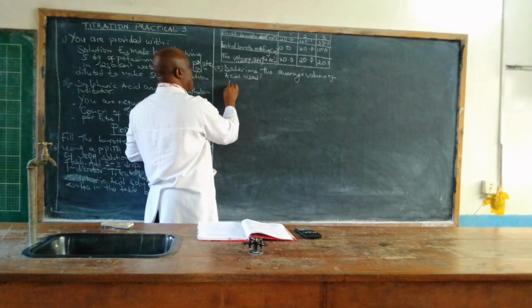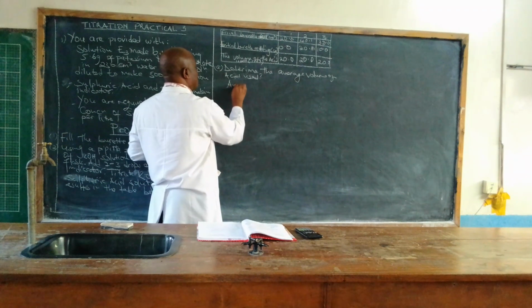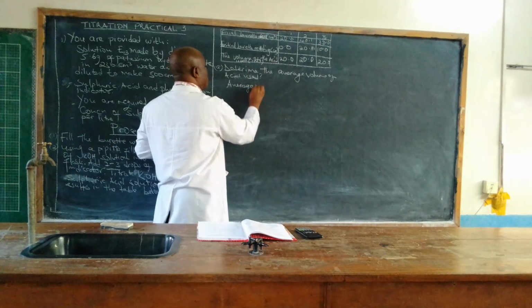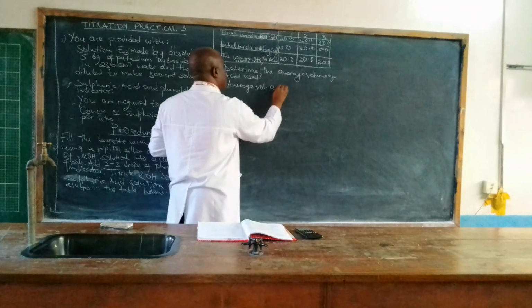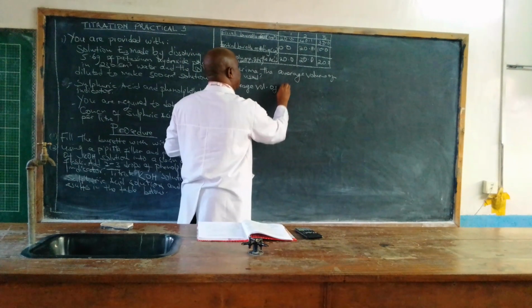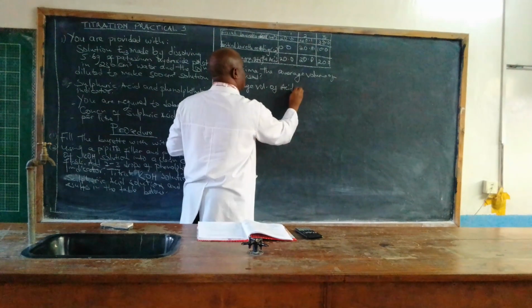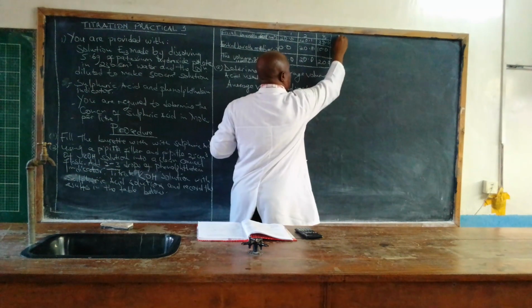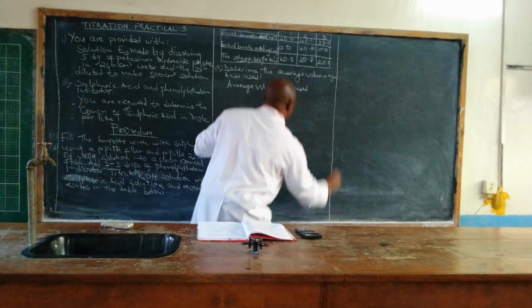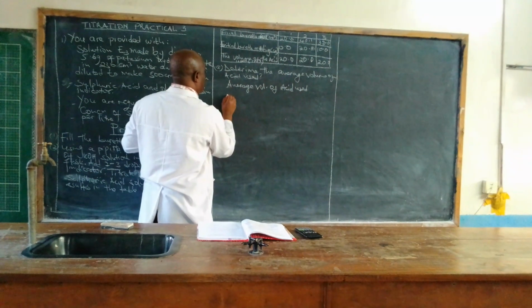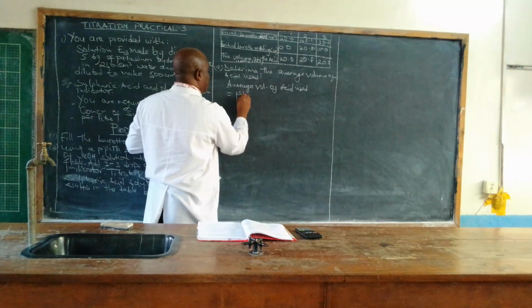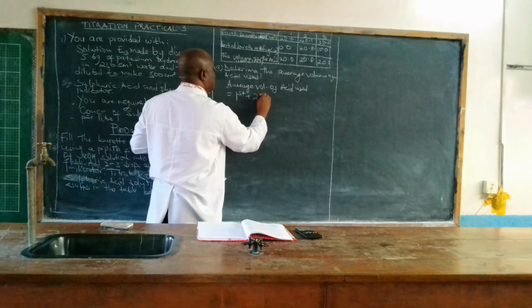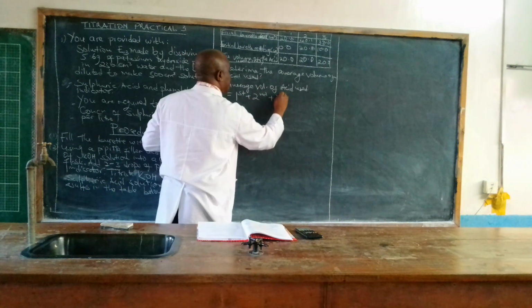So we shall just write: average volume of acid used is equals to first titer volume plus second titer volume plus third titer volume.